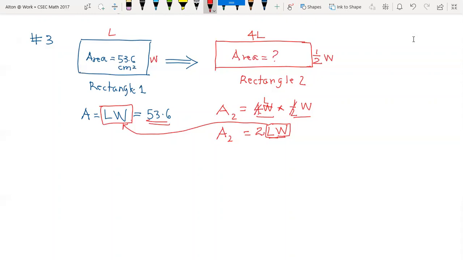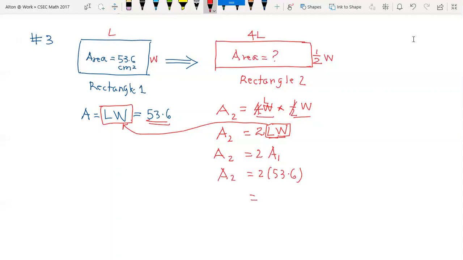So we can now replace that information across here. So area of rectangle 2 is really 2 times the area of rectangle 1. And we have a value for the area of rectangle 1, which is 53.6. So that will enable us to work out the area of rectangle 2.